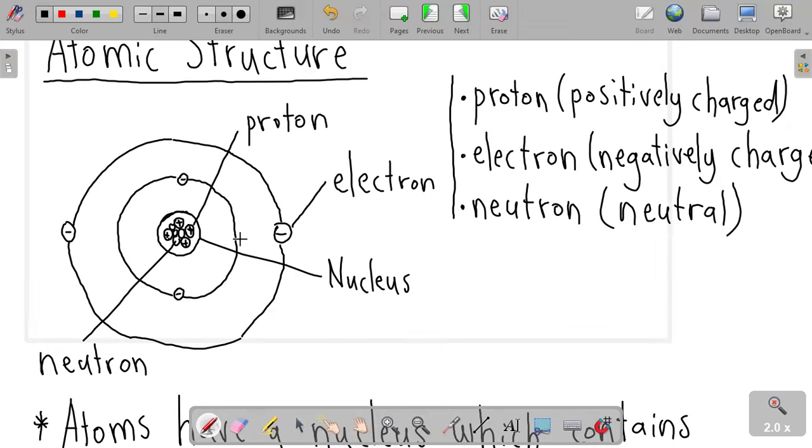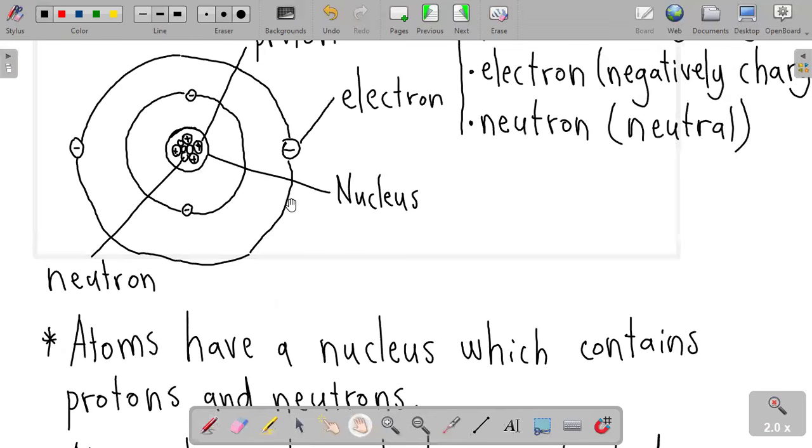Now, the next thing: we have to know the difference. There is no movement of the particles inside the nucleus. What moves is what is outside of the nucleus, the electrons. So the protons and the neutrons do not move.